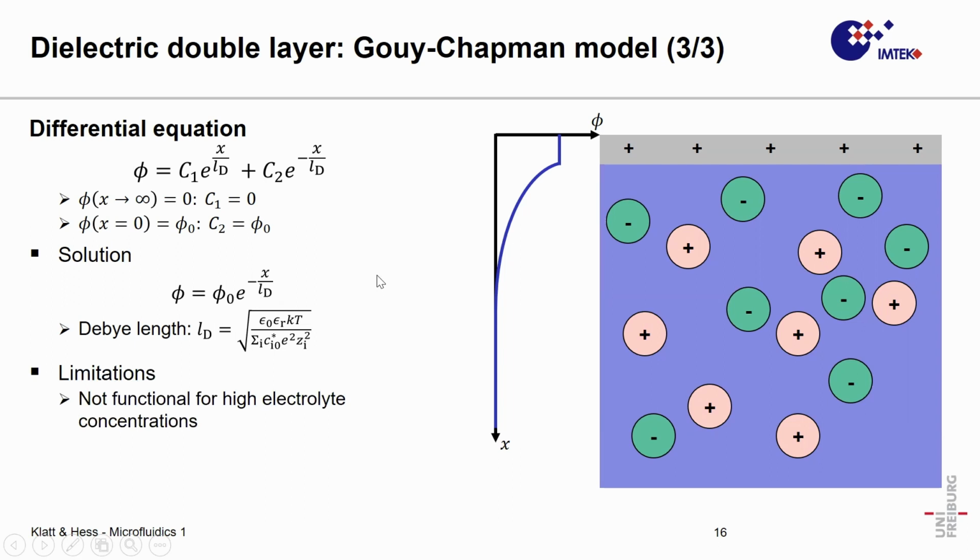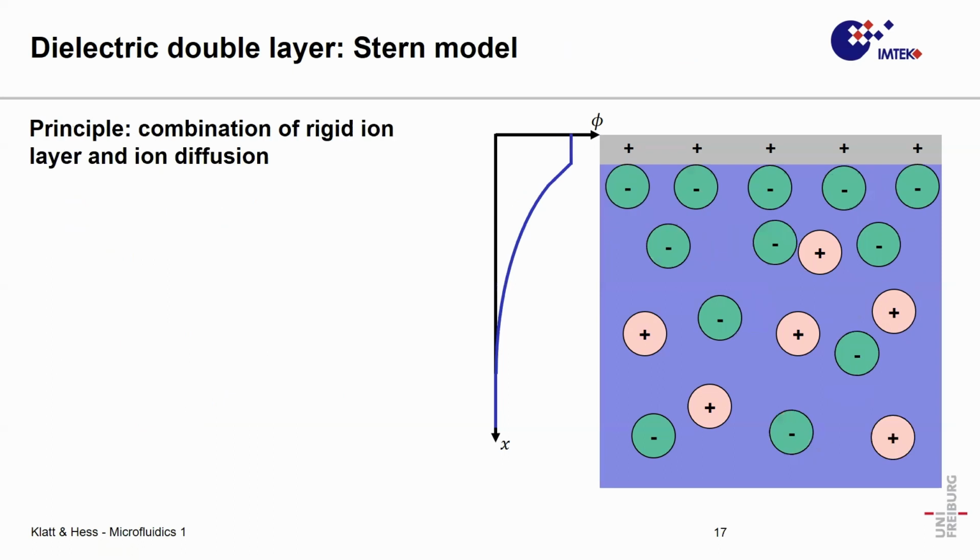The Gouy-Chapman model that we describe here is not really functional for high electrolyte concentrations, and you have to move back to the Helmholtz model. But in general, it's more realistic. The last model that we talk about is the so-called Stern model.